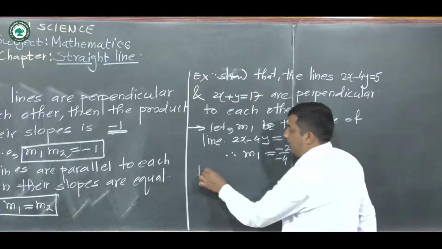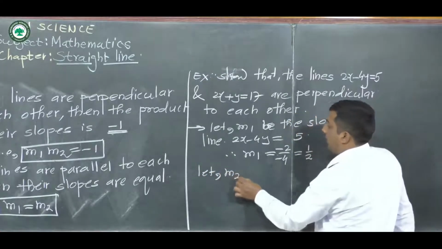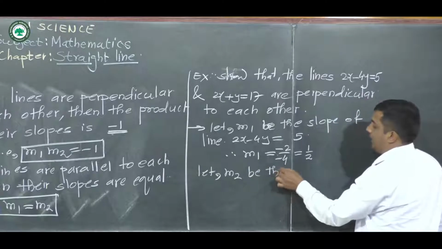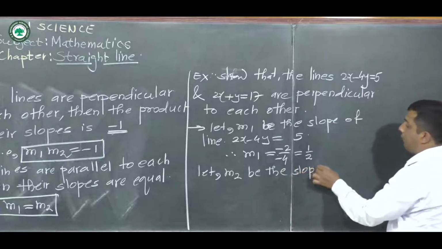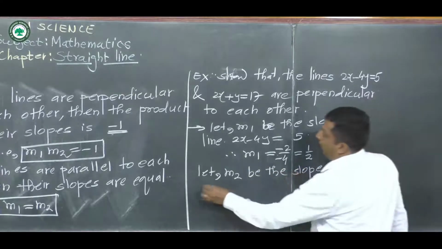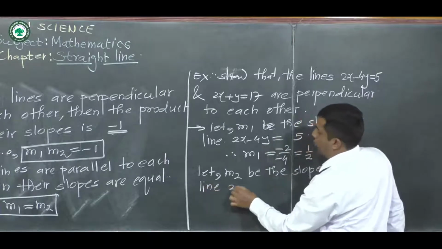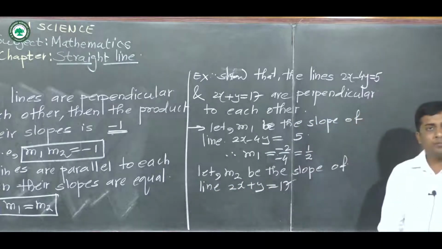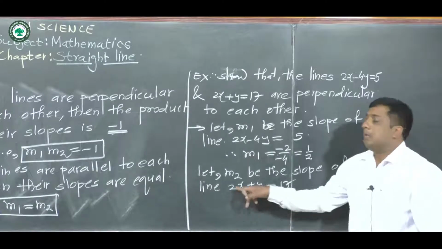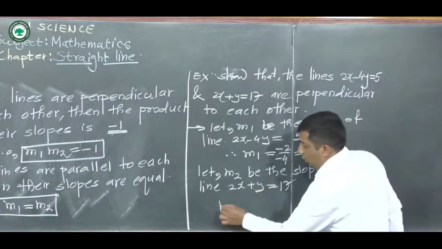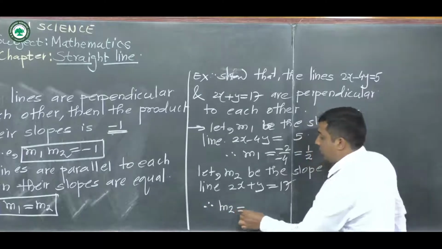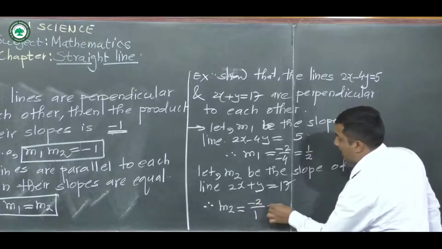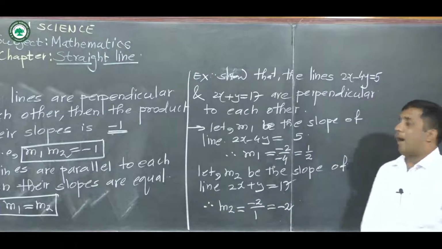Let m2 be the slope of the line 2x plus y is equal to 17. Here again a is 2, b is 1, so the slope m2 is minus 2 upon 1, which is equal to minus 2.